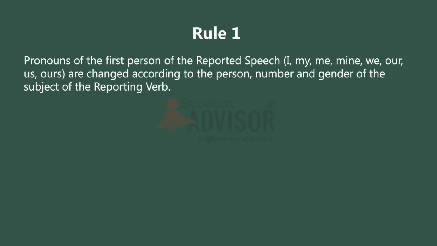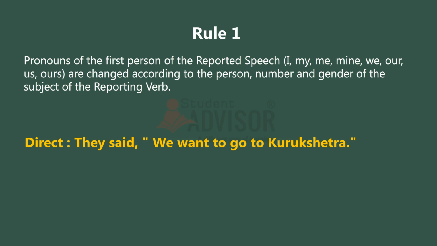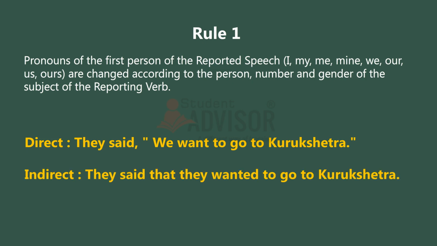Pronouns of the first person of the reported speech, I, my, me, mine, we, our, us, ours, are changed according to the person, number, and gender of the subject of the reporting verb. Like, direct. They said, we want to go to Kurukshetra. Indirect. They said that they wanted to go to Kurukshetra.